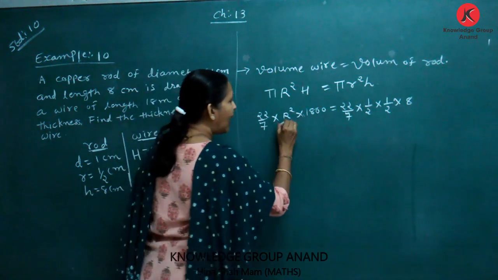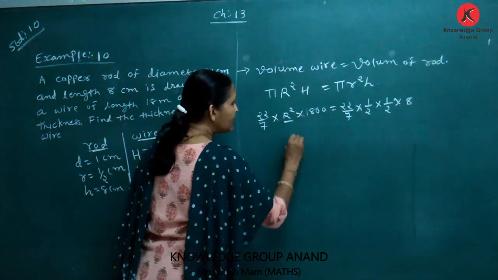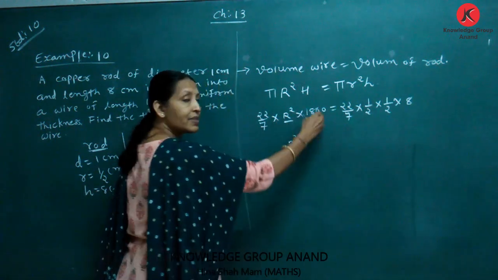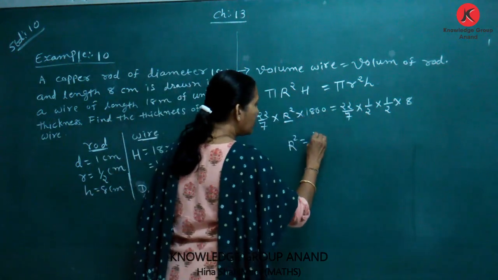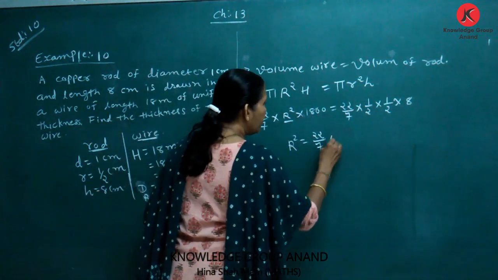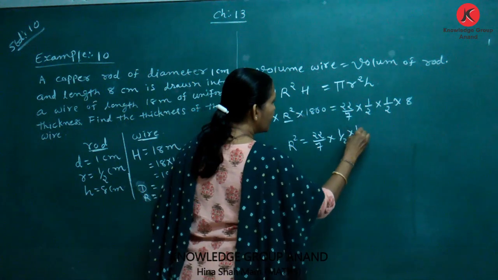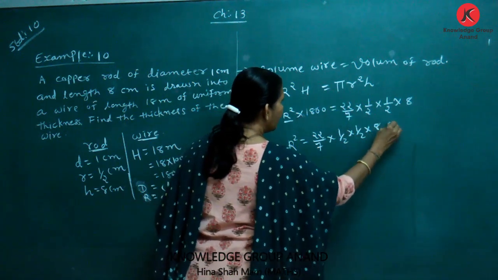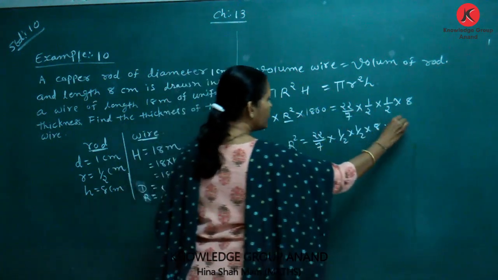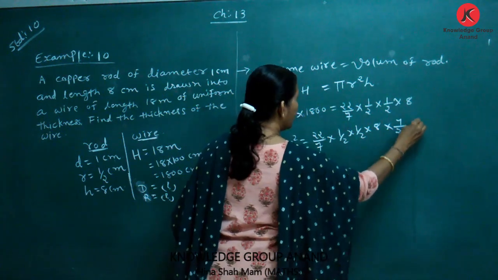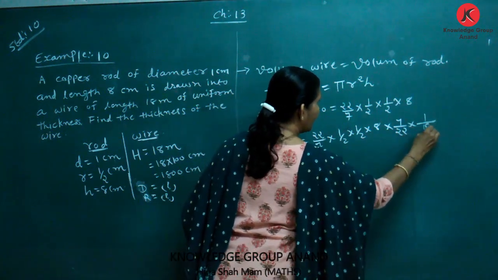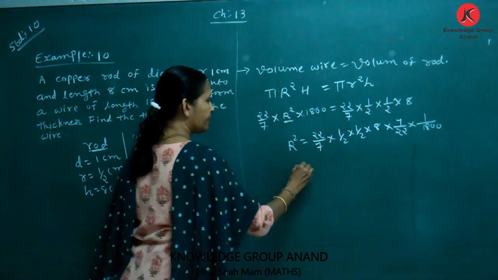Then we find R square. Taking all terms to the opposite side, R square is equal to 1 half into 1 half into 8 into 7 upon 22 into 1 upon 1800.